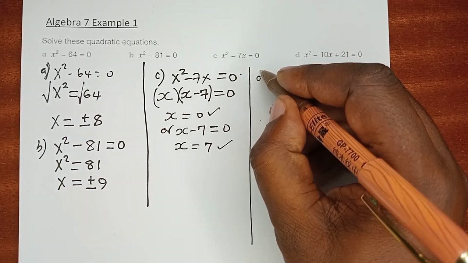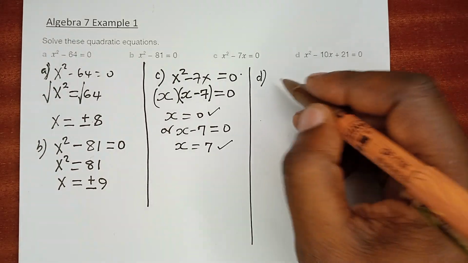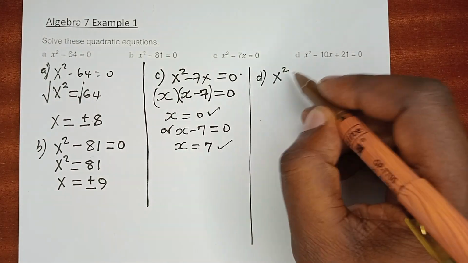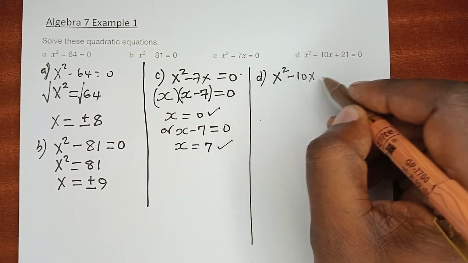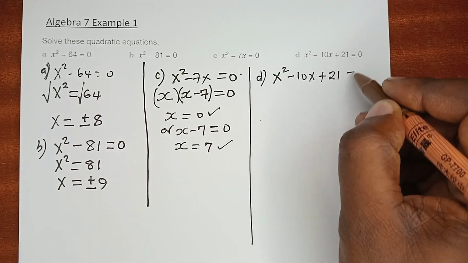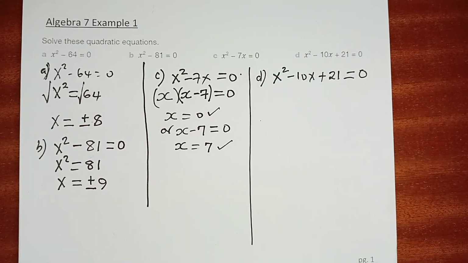Let us go to part D of the same question. x squared minus 10x plus 21 is equal to 0. I want us to pay attention here because I will introduce a method that will be used in the next subtopic, an approach of solving quadratic equations.